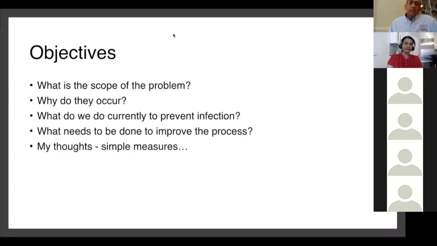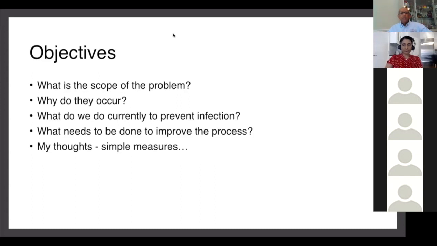So these are my objectives, and what we're going to talk about is what is the scope of the problem in terms of endoscopy infections in the endoscopy unit, why do they occur, and what do we do currently to prevent infection, and what needs to be done to improve the process.